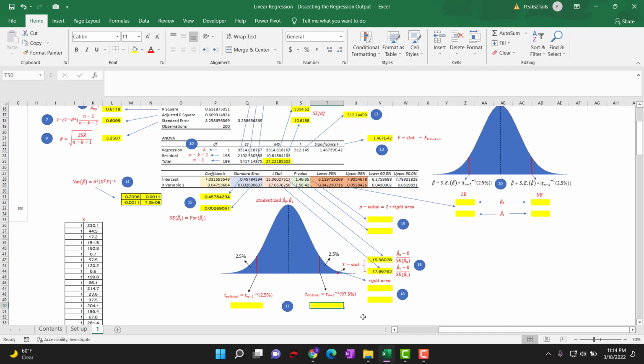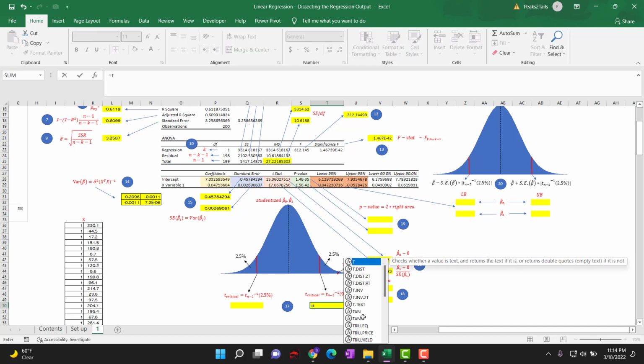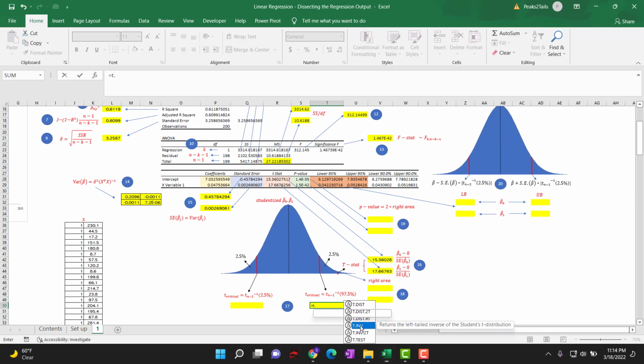On the right hand side, we can do T.INV. When we use t inverse, it basically calculates the CDF inverse. That means if we are trying to keep 2.5% probability on the right hand side, the CDF, which is the left tail probability at that point, would be 97.5%.